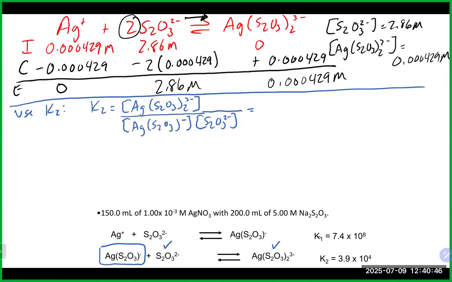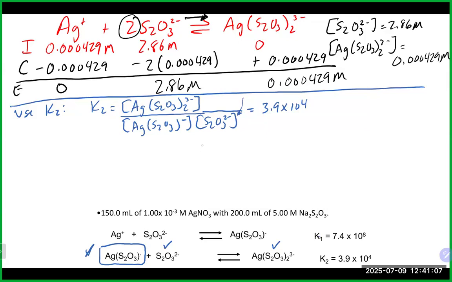And that is going to equal, obviously, our K2 value there at 3.9 times 10 to the 4th. So again, a reminder that I am using this reaction here, and that is why I do not need to square this one, because I am not using the overall reaction here. So that is why that one is not squared, in case you have a question on that.